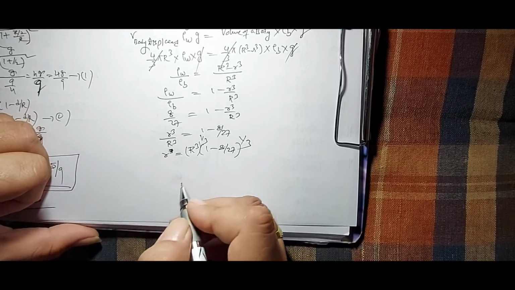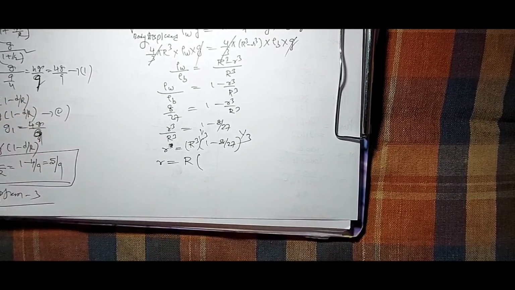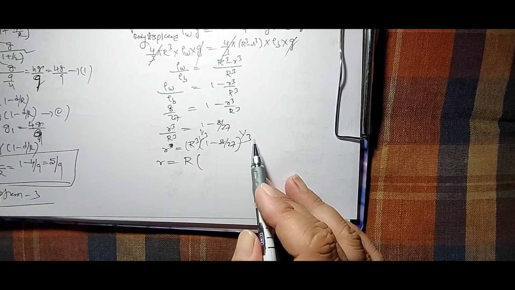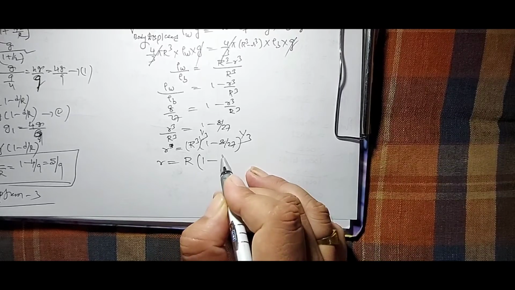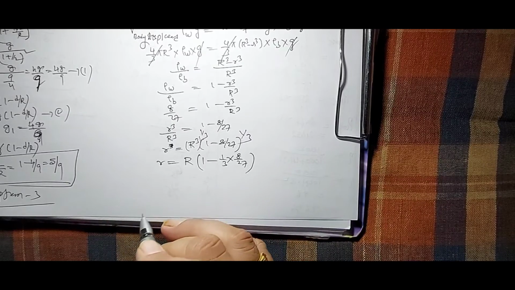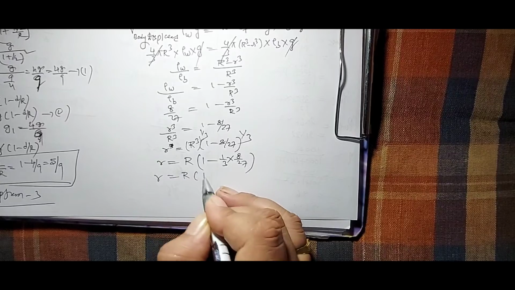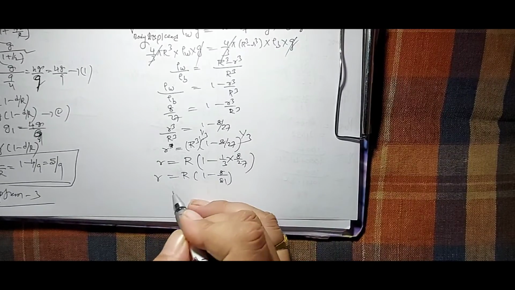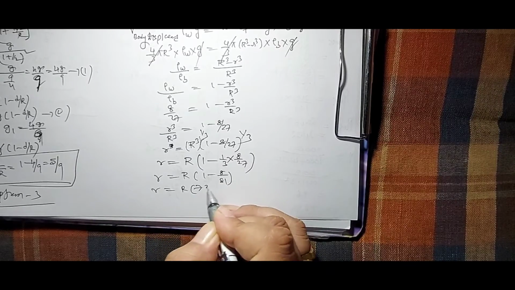So small r is equal to R into (1 minus x) whole to the power of n, binomial theorem, 1 minus nx, that means 8 by 27. So r is equal to R into 1 minus 8 by 81. So we write here r is equal to R into 72 by 81.